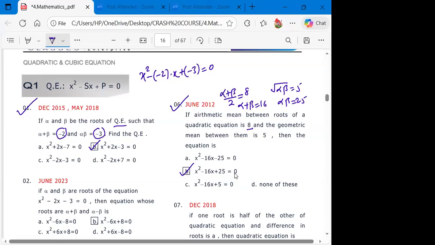Here root means answer of x. Like in the quadratic equation, as we got 2 answers for x, so these 2 answers are known as roots of x, correct? It's not the indices root. That is square root. Are these 2 questions clear to everyone?